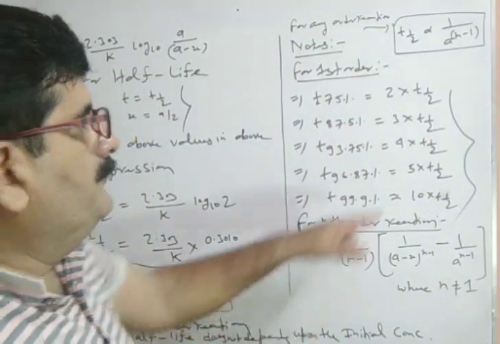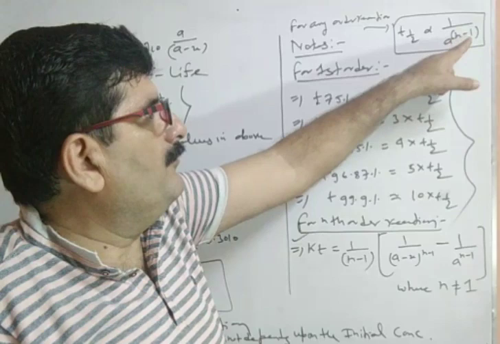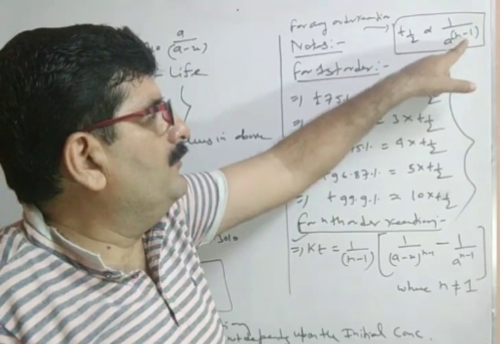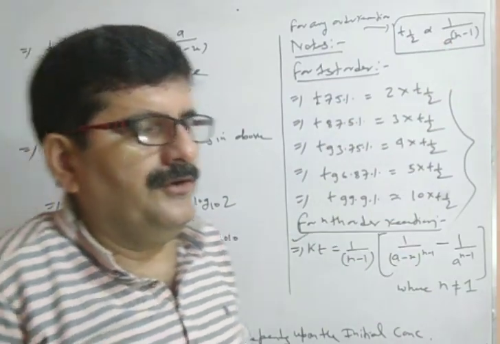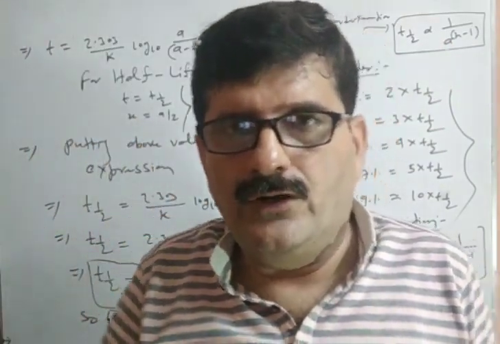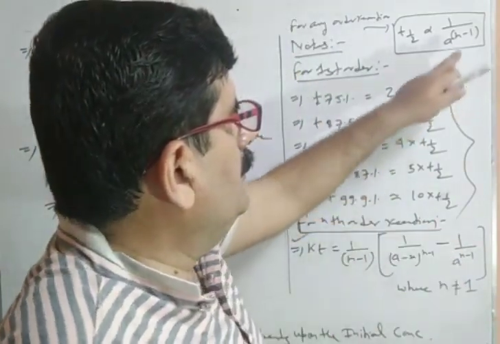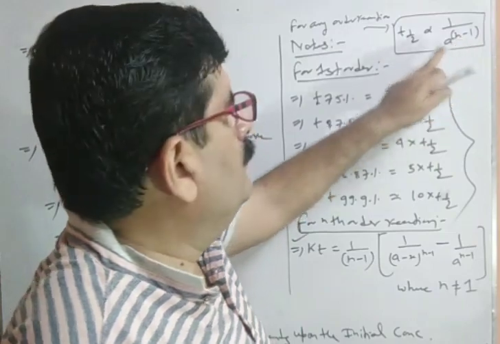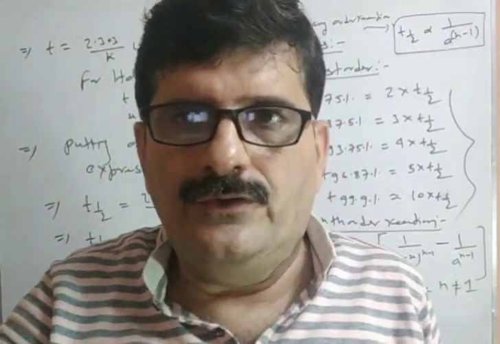For first order, n minus 1 is 0, and anything to the power 0 is equal to 1, so t half is independent of the initial concentration for first order reaction. In case of zero order, n is equal to 0, so t half is directly proportional to the initial concentration for zero order reaction.